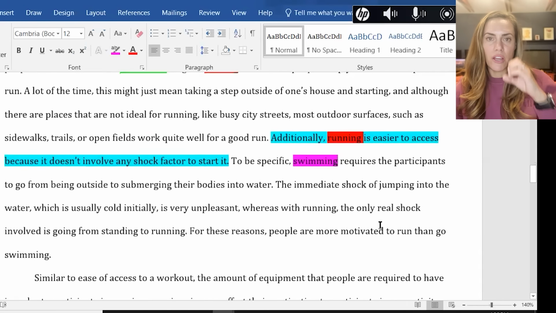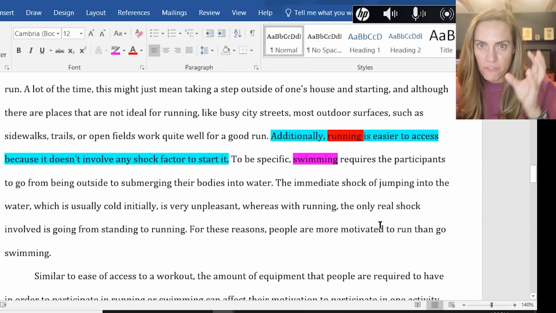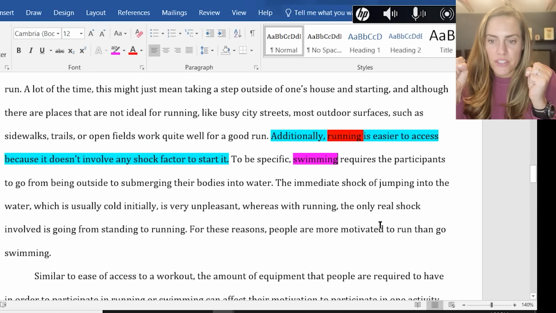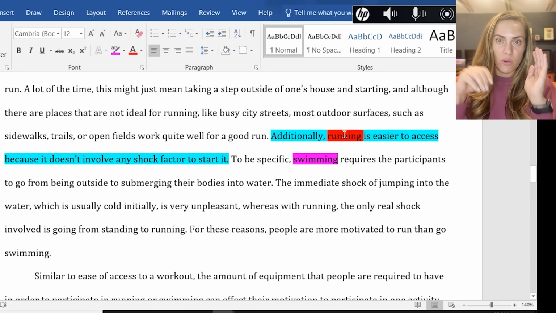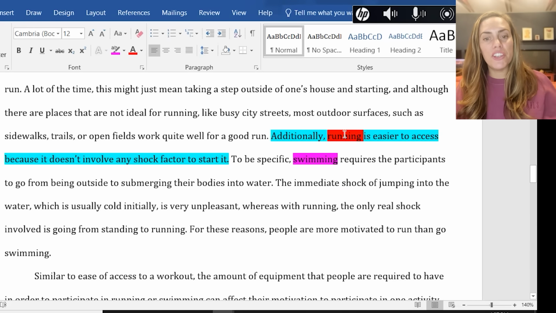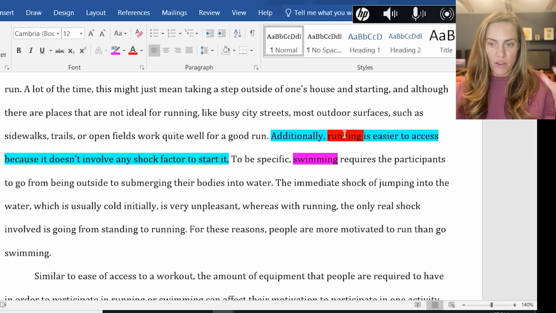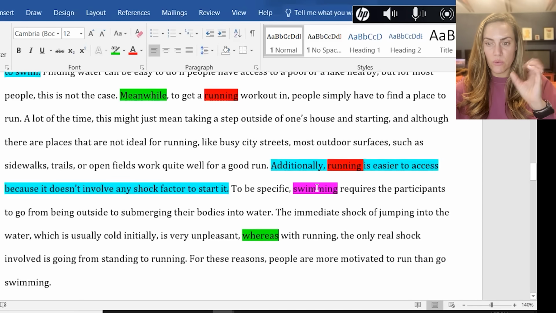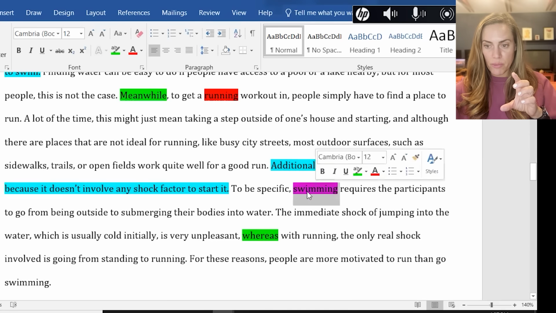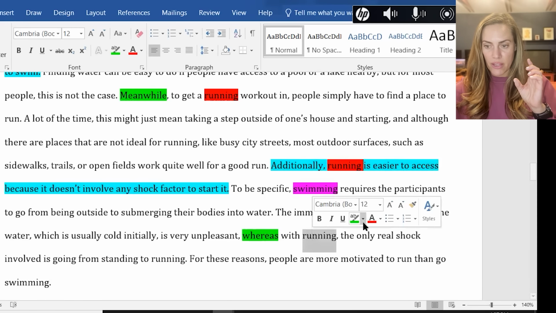Over here, we're talking about swimming and we're talking about running, but we're focusing on the shock factor, okay? And when we transition to swimming, running, or running, swimming, we're using a contrast word, okay? Most of the time. It's not always there, okay? In this case, here is that transition word, whereas, where first I'm talking about swimming, and then I'm talking about running.